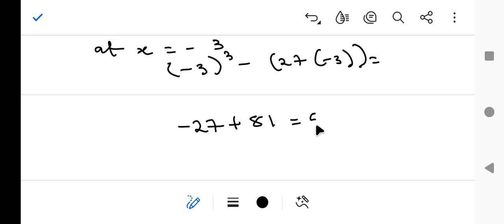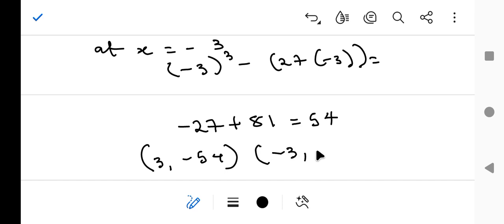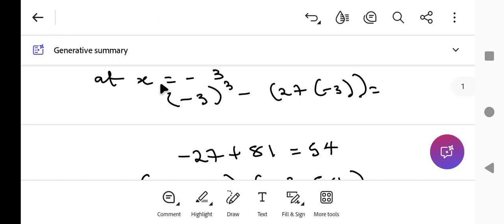This should give us 54, right? Fantastic. So we have all these points. We have 3 comma minus 54, and then the second point, which is minus 3 comma 54. Good, and that's that. You are done, and that question is quite easily done.